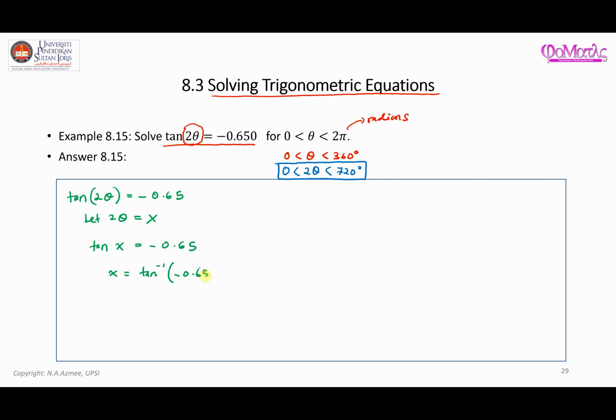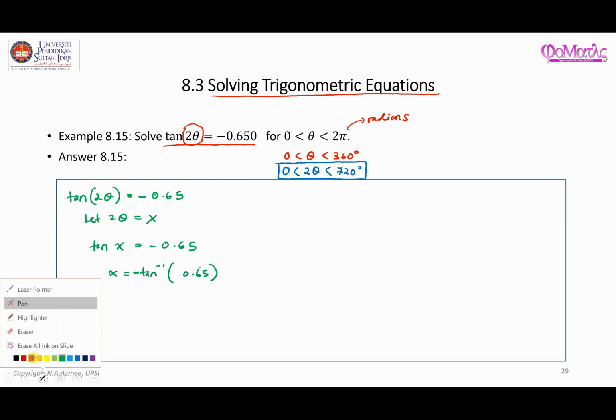Or if you want, you can just put the negative outside. So this is just inverse tangent of 0.65. Now the negative here is just indicating which quadrant our angle is going to be in.